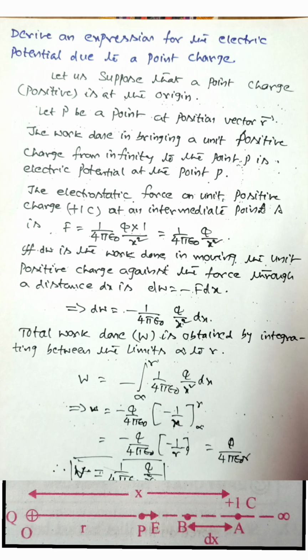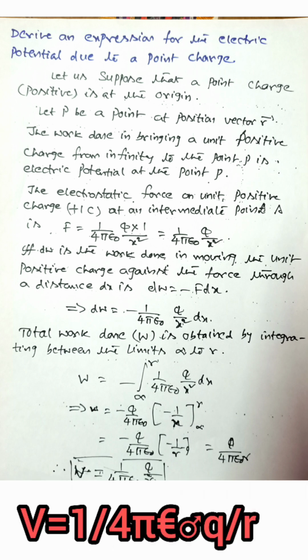That is equal to minus Q by 4 pi epsilon naught into minus 1 by r, which is equal to Q by 4 pi epsilon 0 r. Therefore, the electric potential due to a point charge V is equal to 1 by 4 pi epsilon naught into Q by r.